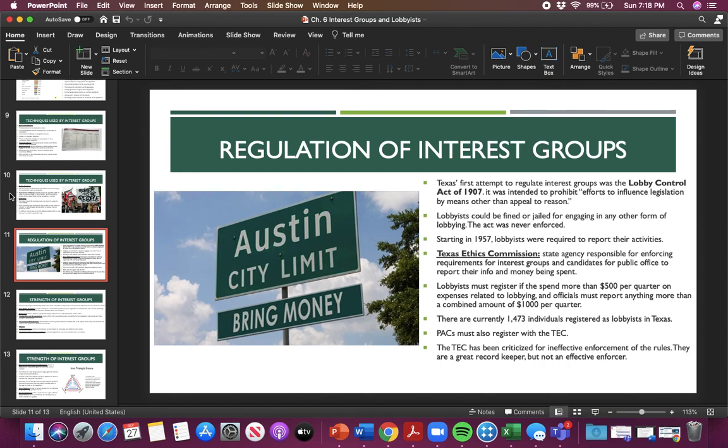Lobbyists have to register with the TEC if they spend more than $500 per quarter on expenses related to lobbying. Officials must report anything more than a combined amount of $1,000 per quarter.